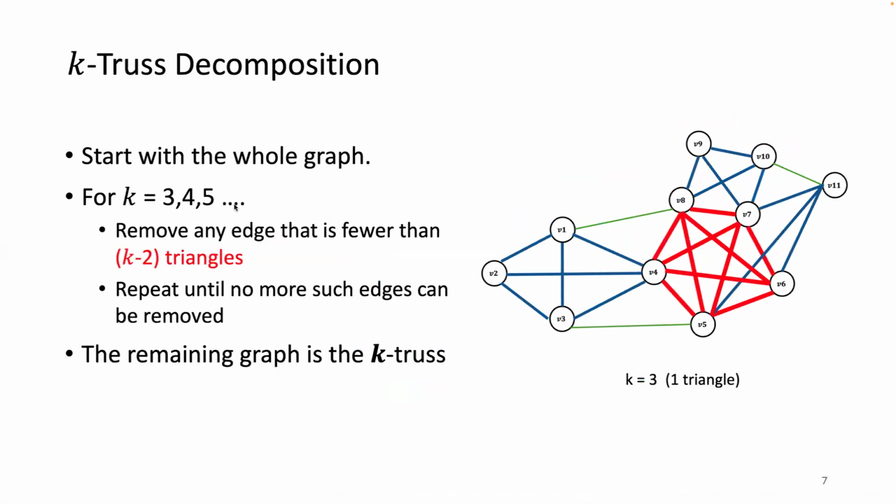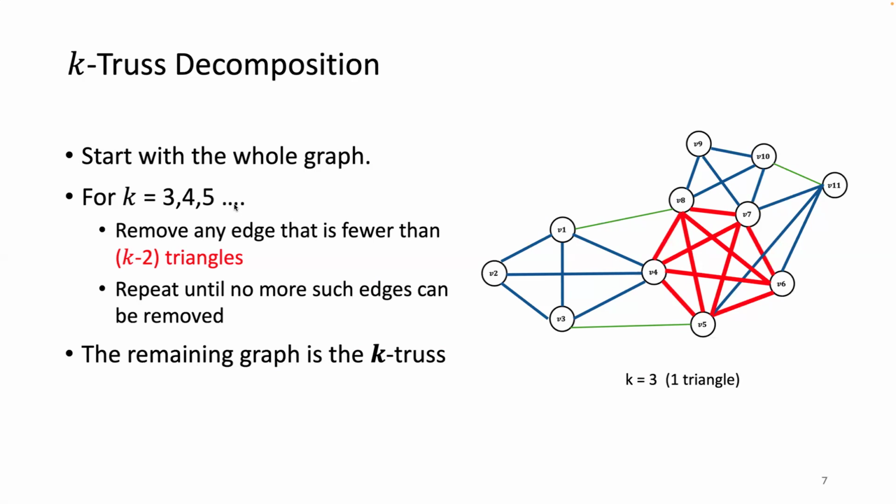So what do we mean by K-truss decomposition? Decomposition actually means reduction, right? When we have a graph, we want to discover communities, structures that are tightly connected. That's why we perform K-truss decomposition on a graph.